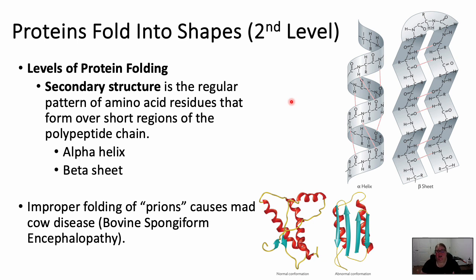We talked about how prions in mad cow disease affect the next level of structure, that tertiary structure. But what we didn't really talk about in Biology 201 is the fact that prions affect the secondary structure. In fact, in mad cow disease, any alpha helix is literally going to be misfolded.